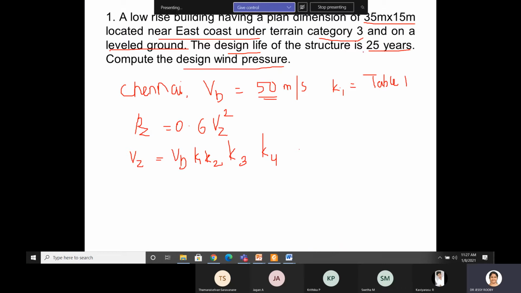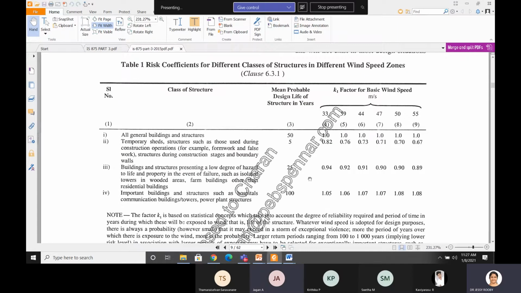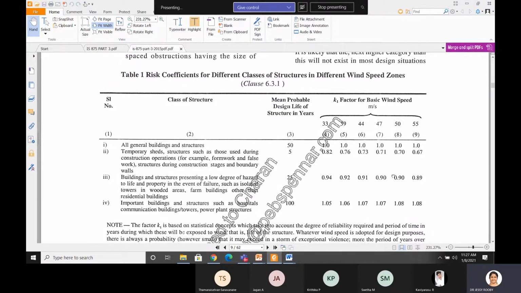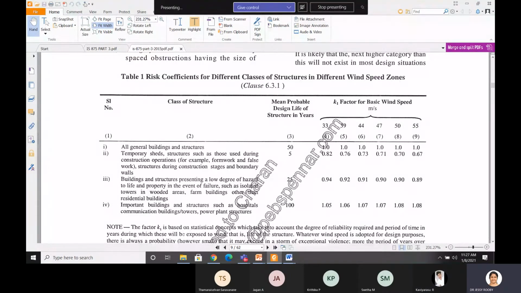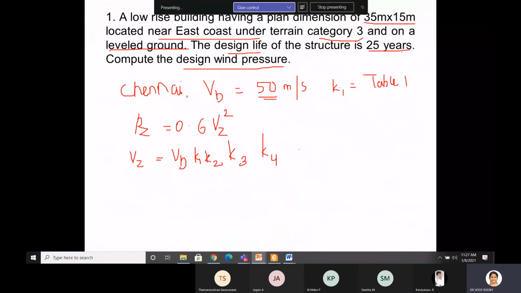The design life of the structure is 25 years. So with a design life of 25 years, a low-rise building, and a 50 meters per second wind speed, the value of K1 is how much here? 0.9. So your K1 value is 0.9.